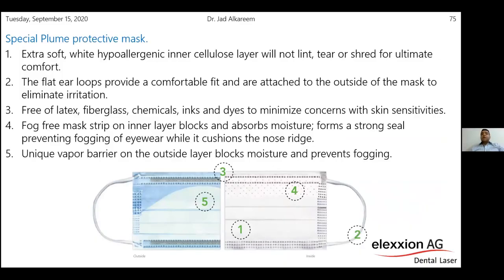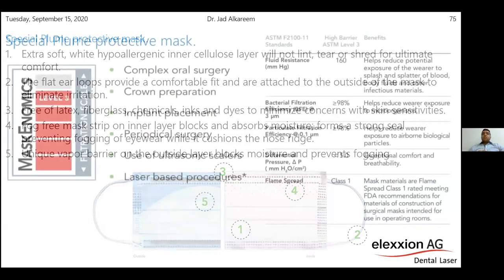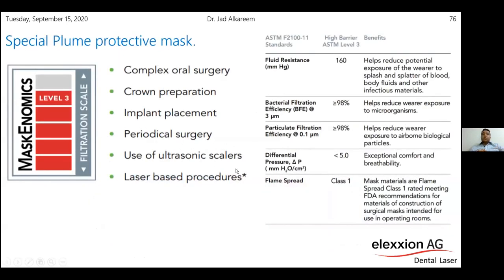There are certain masks which can be used with laser applications. It should have these marks which are on the screen. I will send you this presentation so you can have more idea about which kind of face mask you should have and which markings are available on the face mask that you should get.